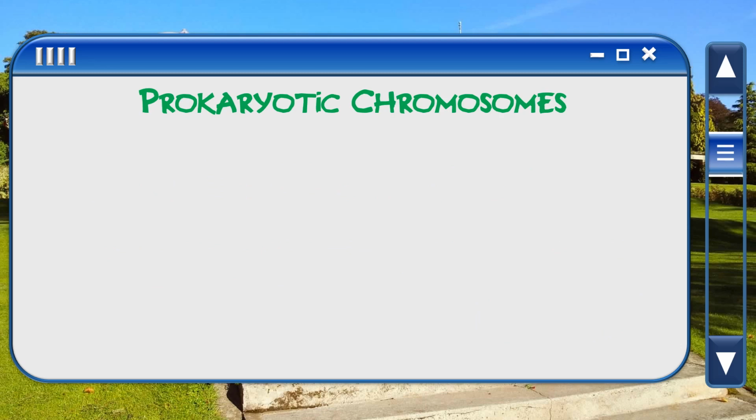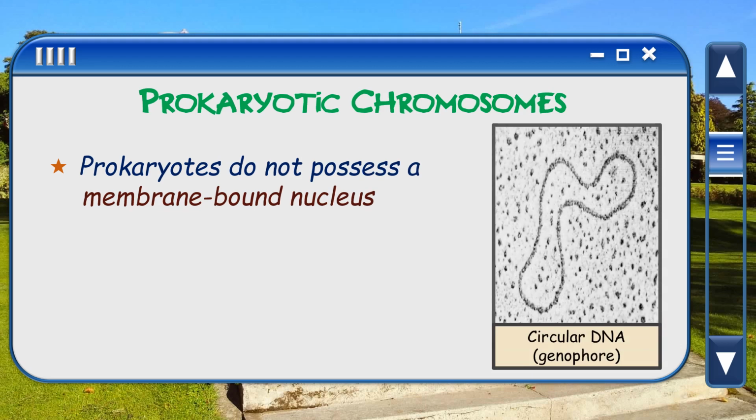Let's look at the prokaryotic chromosomes. Prokaryotic chromosomes do not possess a membrane-bound nucleus.